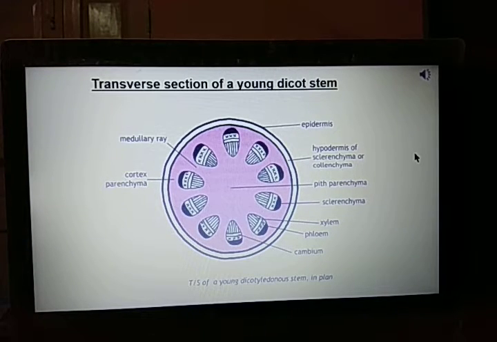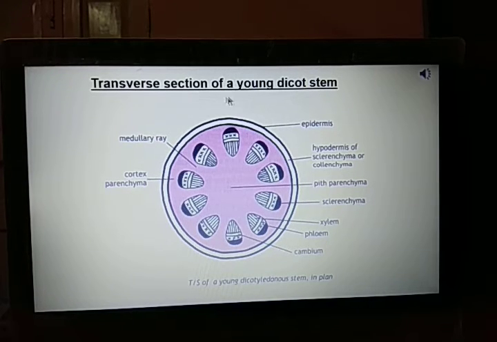This is a diagrammatic view of a transverse section of a dicot stem. Now you can see, as I have told you earlier, the outermost layer is the epidermis, and next to it is the hypodermis, and then there is a massive cortex which is made up of parenchyma cells.